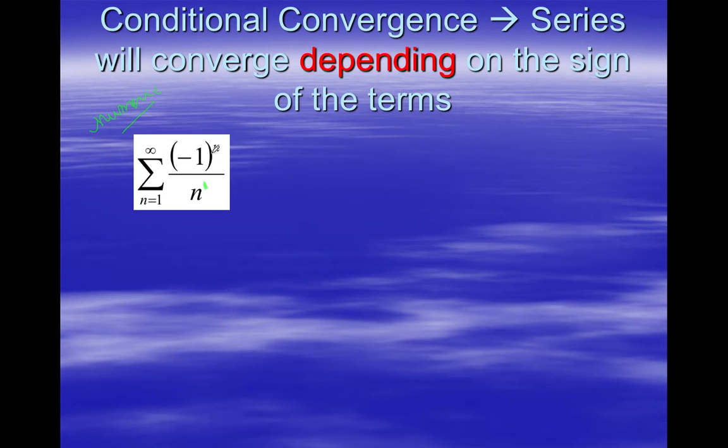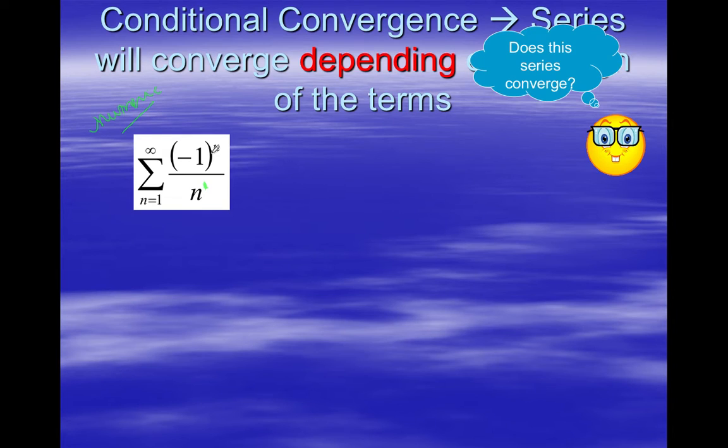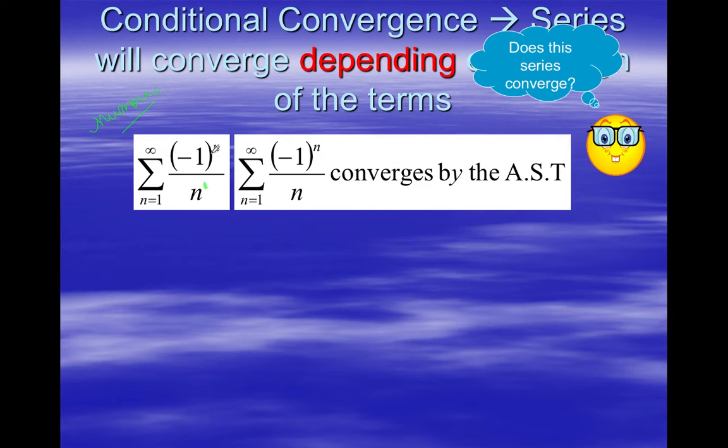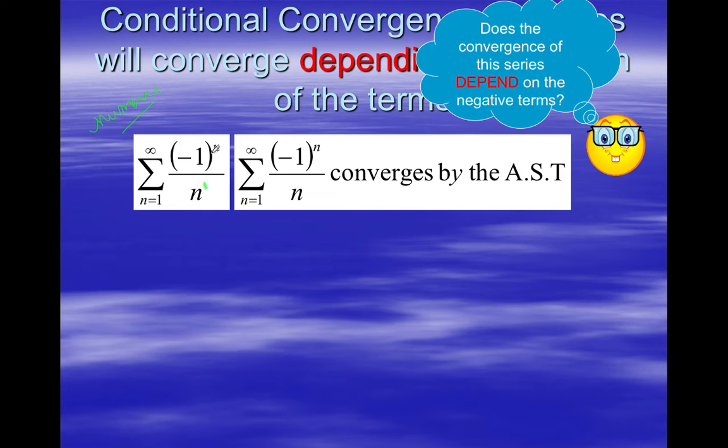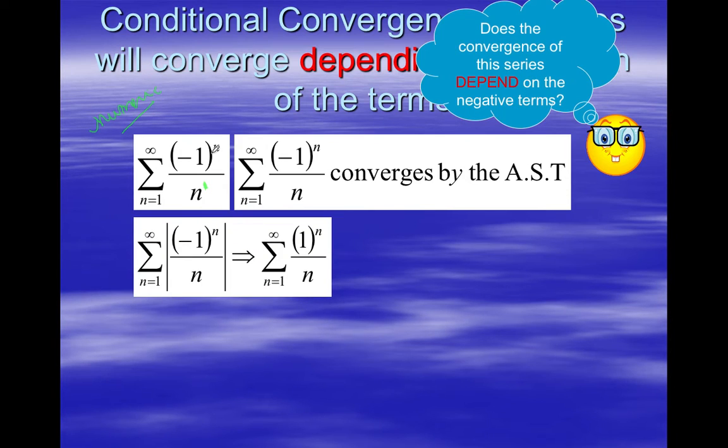So again, by the alternating series test, this series converges. But now I want to say, I wonder if it would converge even if the signs were all positive? Or does the convergence depend? That's the conditional piece. Depend upon the fact that every other term is negative.